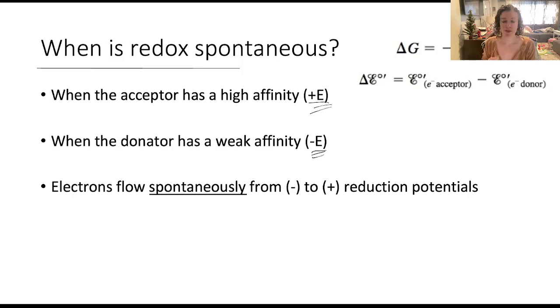The equations for this are on the slides, to show you that redox does directly correlate to Gibbs free energy. So energy is released, or the reactions are spontaneous, when the electrons go from low or negative to high or positive reduction potentials.